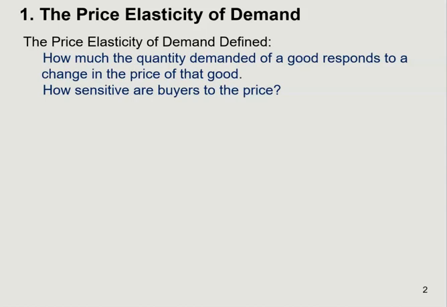But we're going to spend the vast majority of the time in this chapter talking about the price elasticity of demand, okay? So price elasticity of demand, as we already said before, tells us how much the quantity demanded of a good responds to a change in the price of that good. Or an alternative way to interpret it, elasticity is how sensitive buyers are to the price.